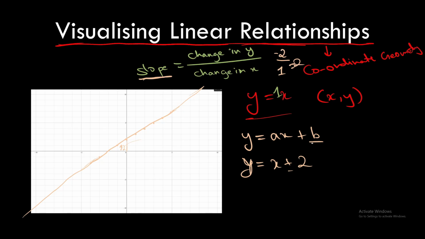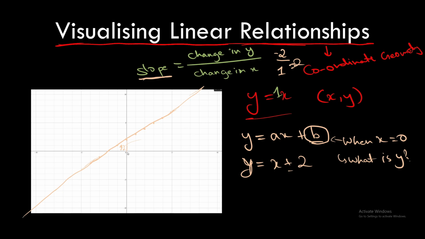So basically b represents what y is when x is equal to 0, how much shifted up the graph is. So now for reference, I'm also going to draw the graph of x is equal to y.